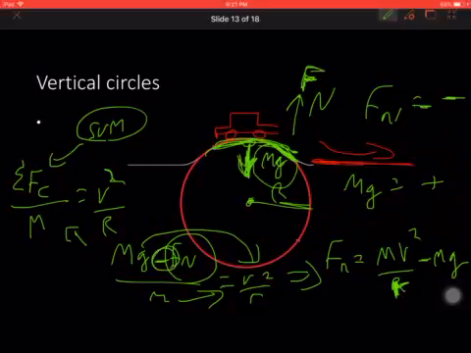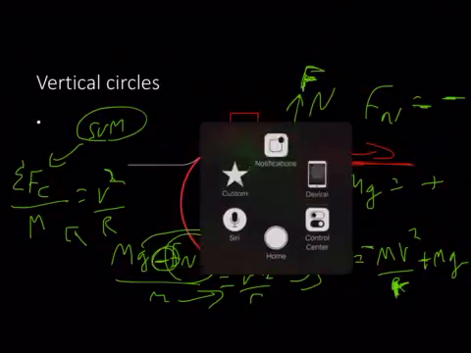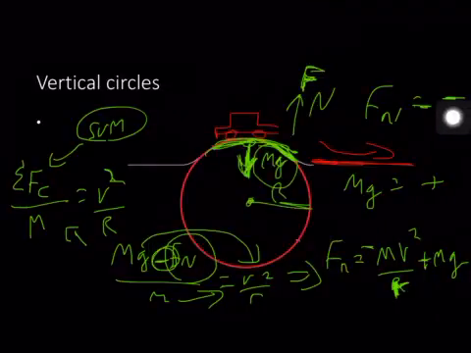So you divide that out, so this becomes positive Fn, and here it becomes negative mv squared over r plus mg. And that's how you get Fn from this car. And that's just the introductory lesson for vertical circles. So let's try adding some numbers into this and try doing it again.